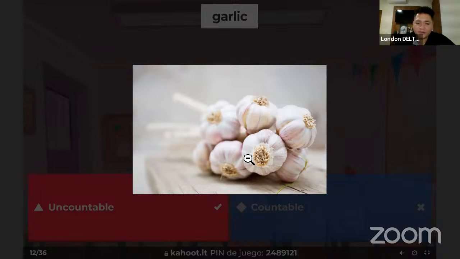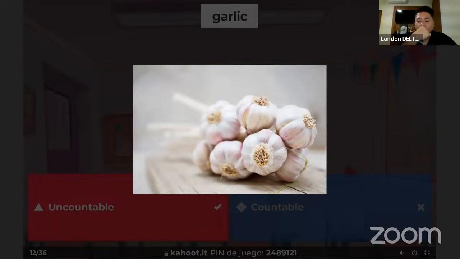Okay, so here's the thing. We have the word garlic, ajo, and we have cloves of garlic. La palabra clove es un diente de ajo, okay, which is countable. So, I would say that if we are very strict to grammar, si somos muy estrictos, pues la palabra ajo no es contable, okay?